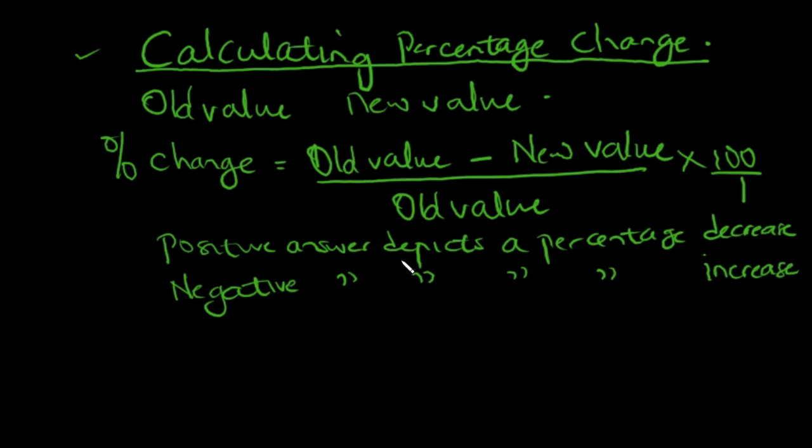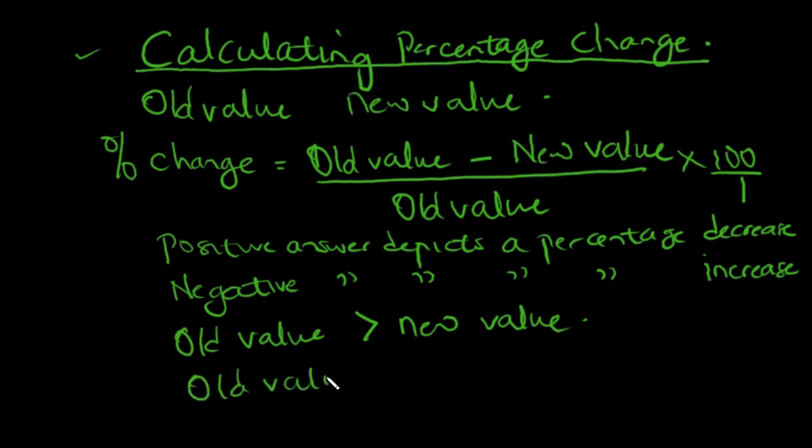If this answer is positive, it means the difference between the old value and the new value is positive, which means your old value is greater than the new value, and that suggests a decrease. But when you have a negative answer, it means your old value is less than your new value. So your numerator here is going to be negative, and that's why it's going to be a negative answer.